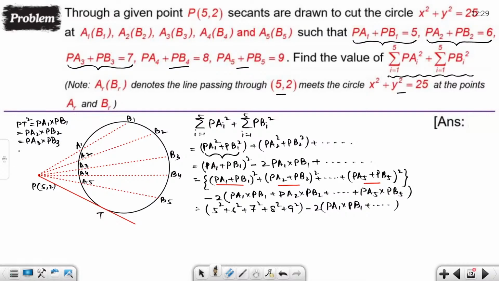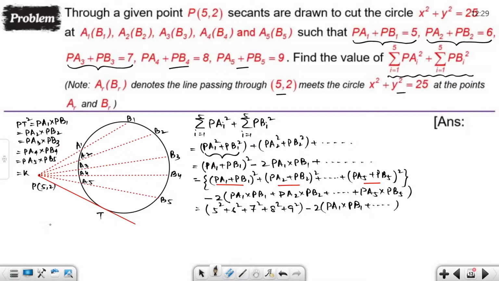The tangent secant formula I'm using. Similarly PA4 into PB4 and PA5 into PB5, correct? Let us say this is K, right?